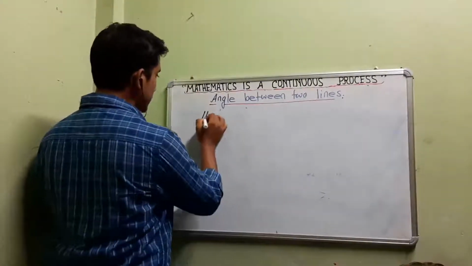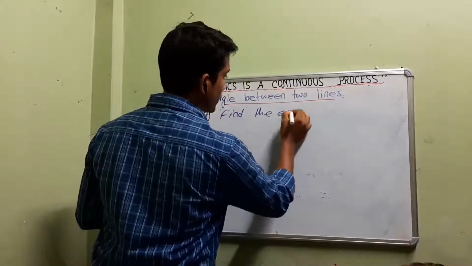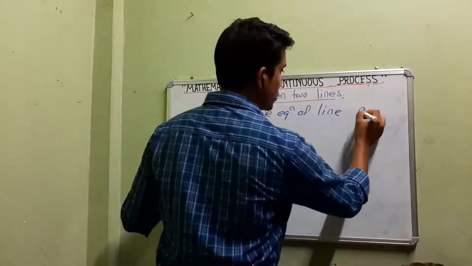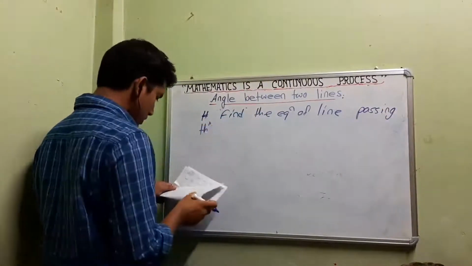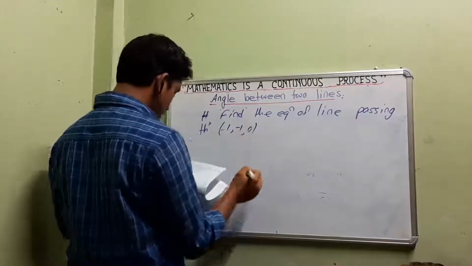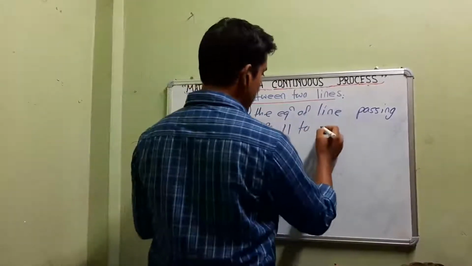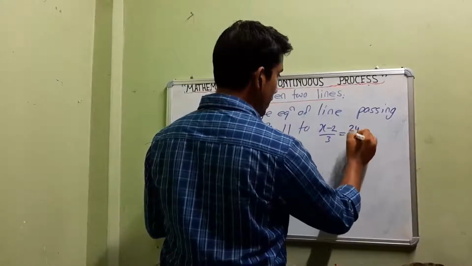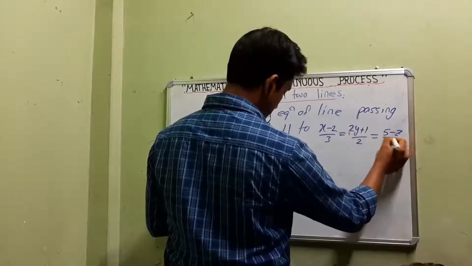So the question is: find the equation of line passing through 1 comma minus 1 comma 0, and parallel to another line, x minus 2 by 3 is equal to 2y plus 1 by 2 is equal to 5 minus z by 1.